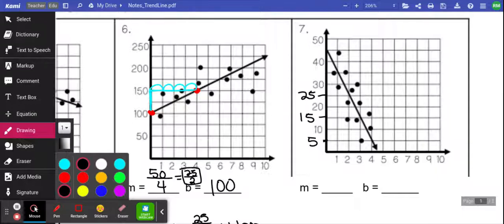Is this really just... Because when you go, this is 45, and this is 35.